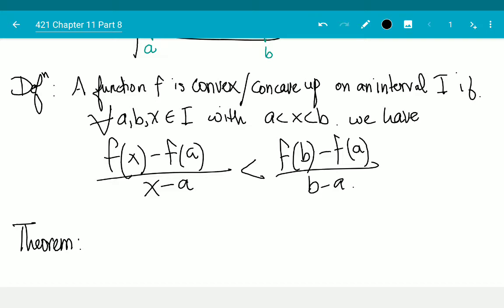So a function similarly is called concave down or concave on an interval I if the inequality is exactly reversed. So maybe before the theorem, let me do that.